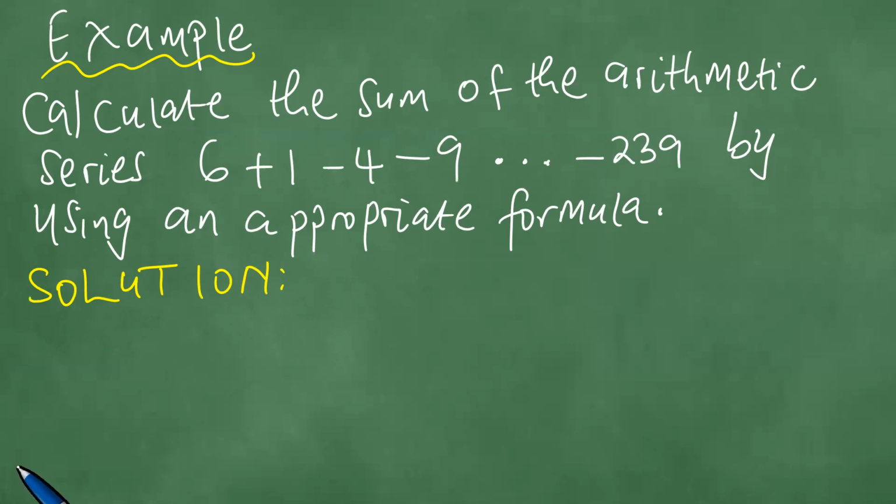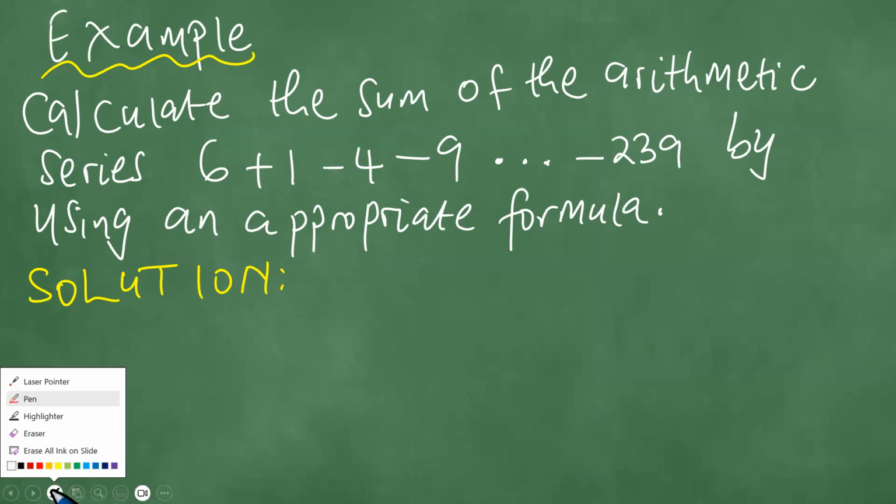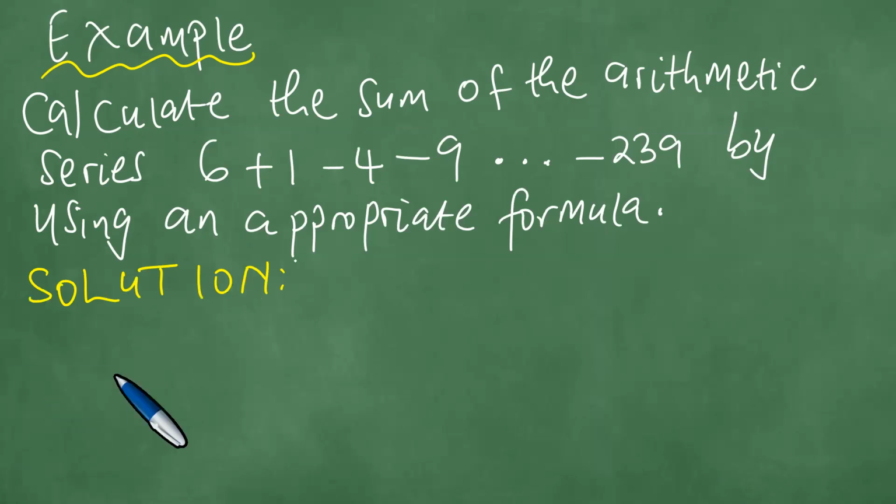What is the solution here? Calculate the sum of the arithmetic series by using an appropriate formula. To find the sum, you need to note the first term. What is the first term?